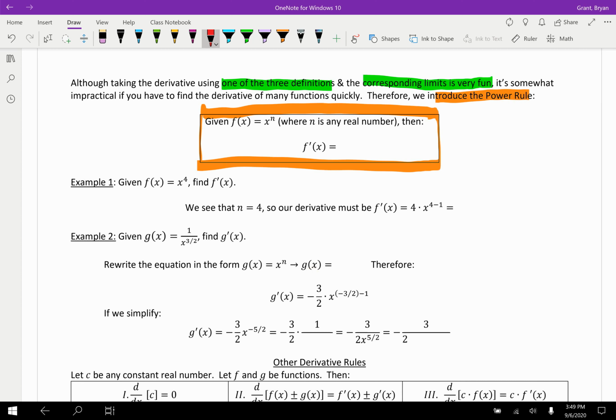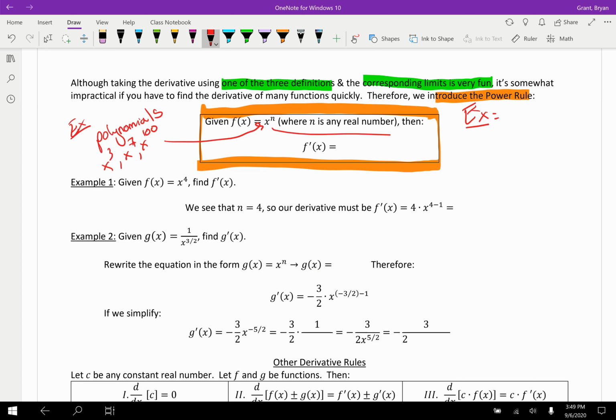It tells us if we have f of x equals x to the n power, and this is generally a polynomial, it does not have to be though. So some examples: you could have x to the third, x to the seventh, x to the 100th. But it isn't restricted to polynomials.